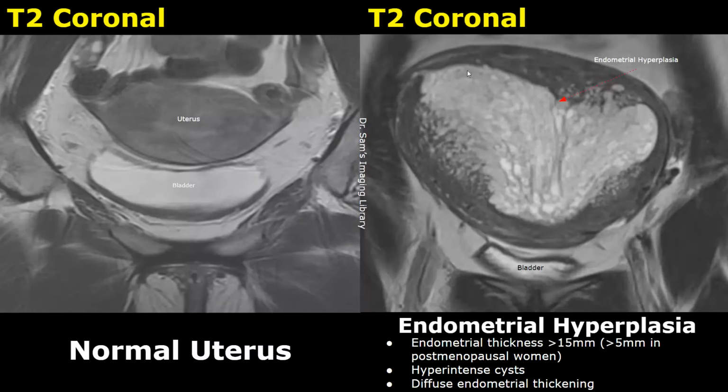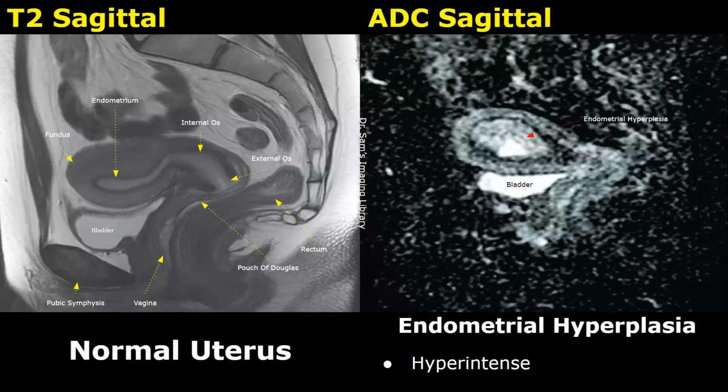We see diffuse hyperintense endometrial thickening. In an ADC sequence, we will get a hyperintense appearance from the endometrial hyperplasia. This is in sagittal plane.